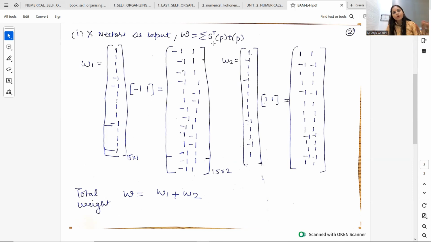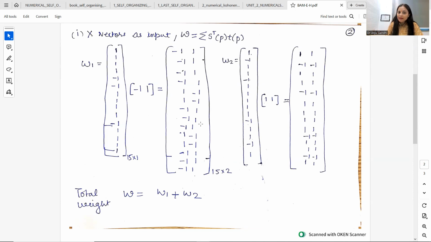This is the vector of pattern E transposed, and this is the output pattern. We perform the dot product of all these values and take the summation, and we get this value: 1, -1, -1, 1, 1, 1, 1, -1, 1, -1, -1, 1, 1, 1.